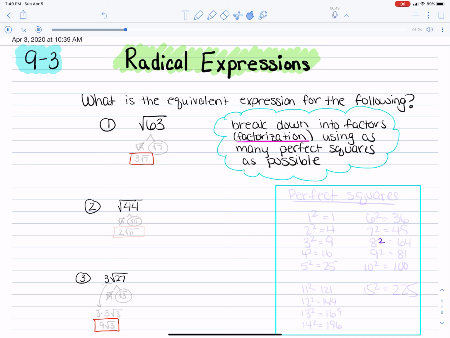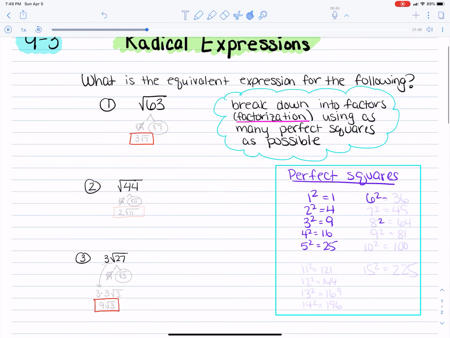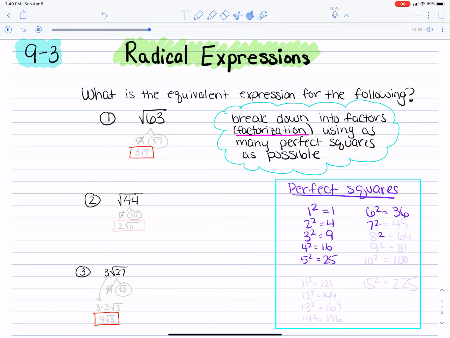Now we should remember what perfect squares are because I made you guys write a chart of those. So if I have a little slide note of perfect squares, we know 1 squared is 1, 2 squared is 4, 3 squared is 9, 4 squared is 16, 5 squared is 25, 6 squared is 36, 7 squared is 49, 8 squared is 64, 9 squared is 81, and 10 squared is 100.